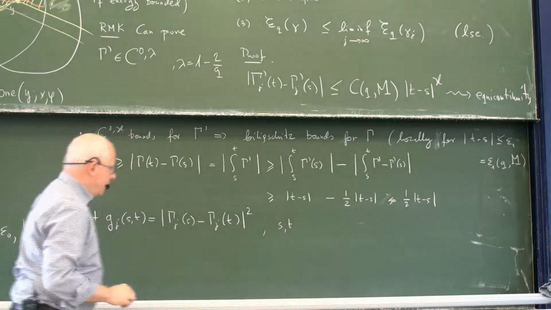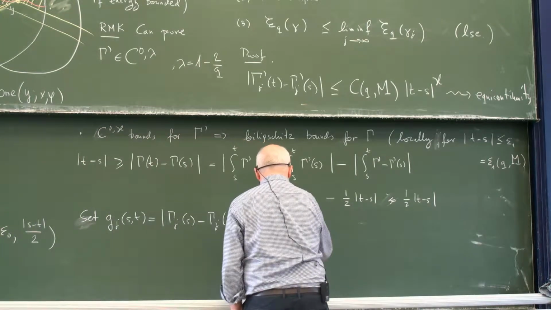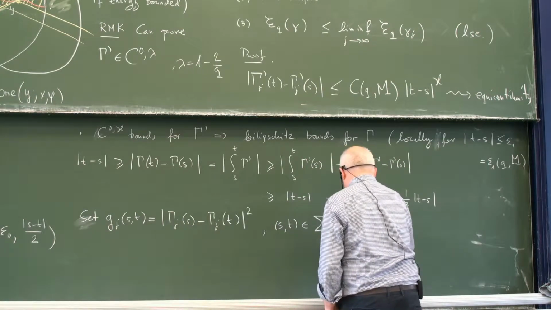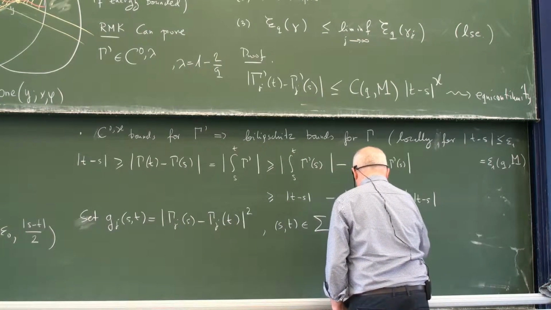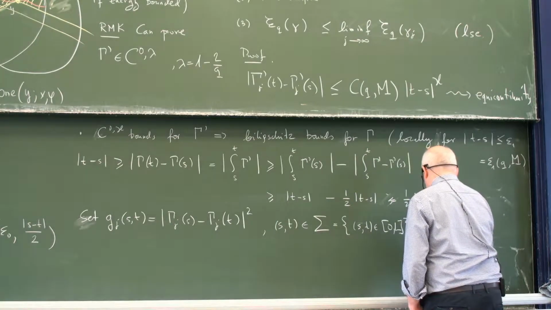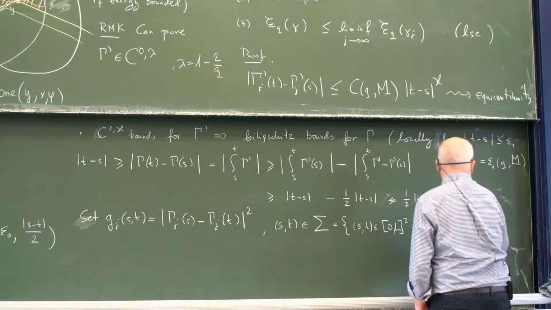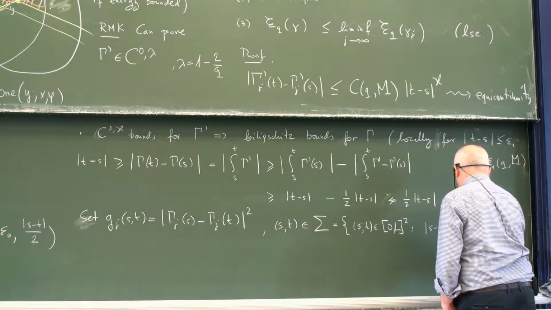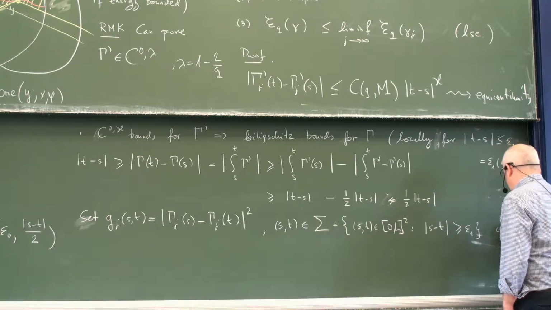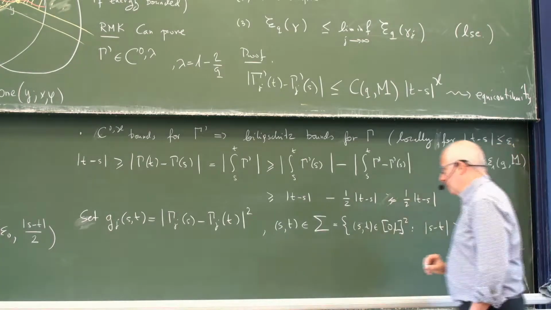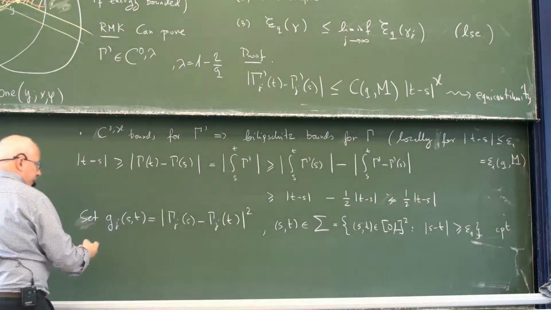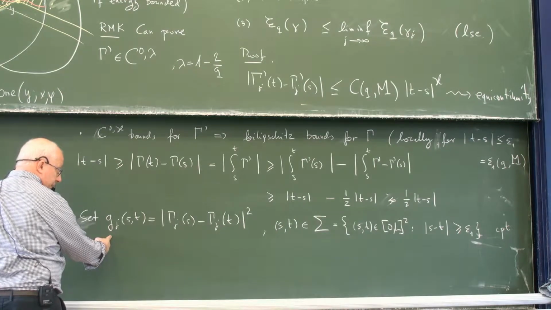I take here s and t belonging to the set sigma of all couples in the square [0, L], such that |s minus t| is at least epsilon 1, which is a compact set in a plane, and this is a continuous function.